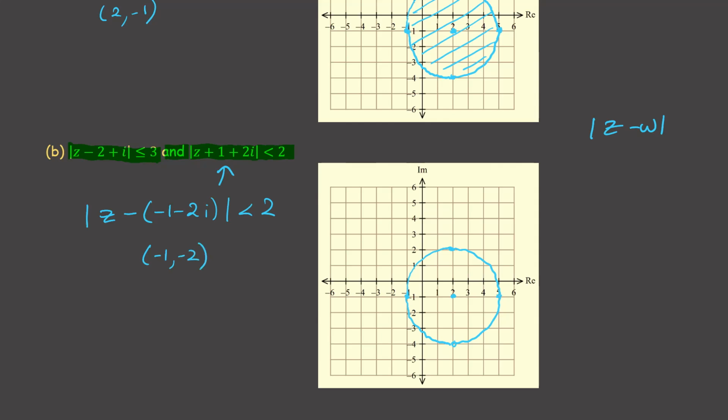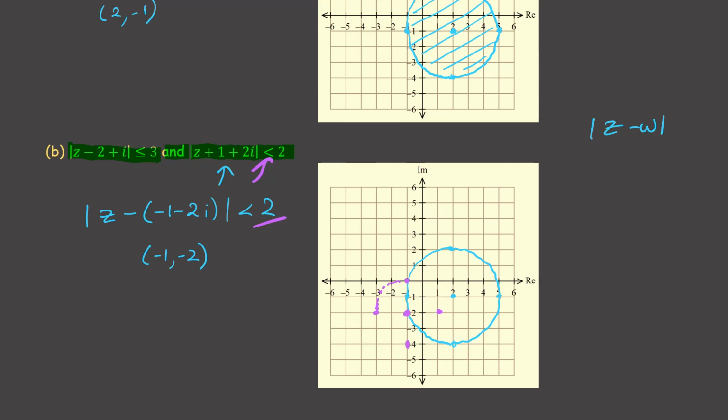So negative 1, negative 2, let's do this one a different colour, is just there. And we want a radius of 2. So 2 units, 2 units, 2 units. This one is a less than, so we need it to be dashed.